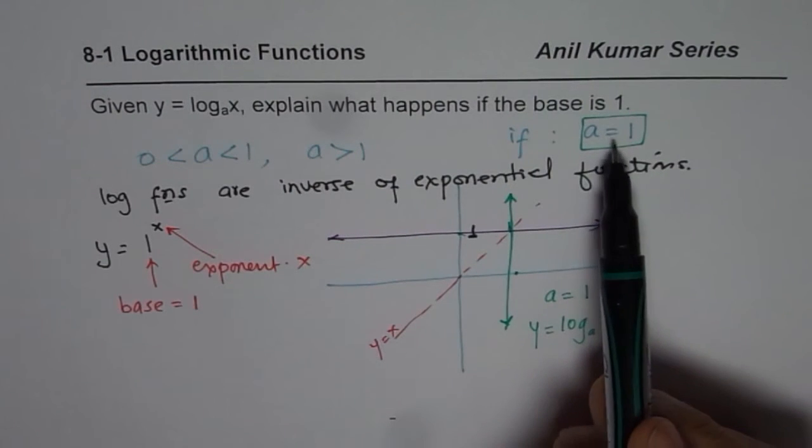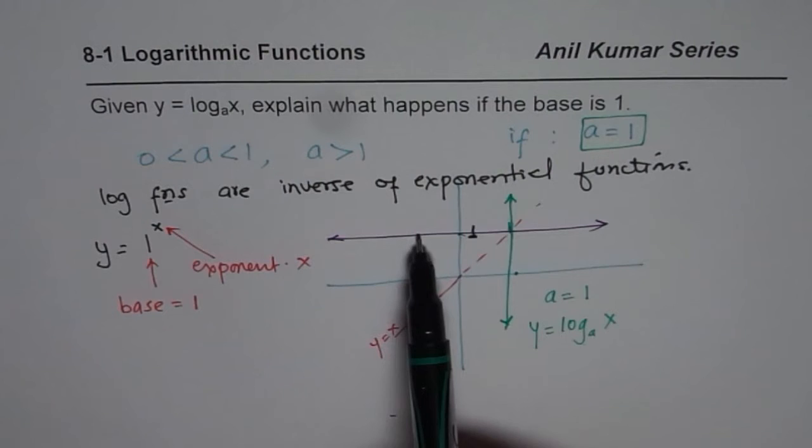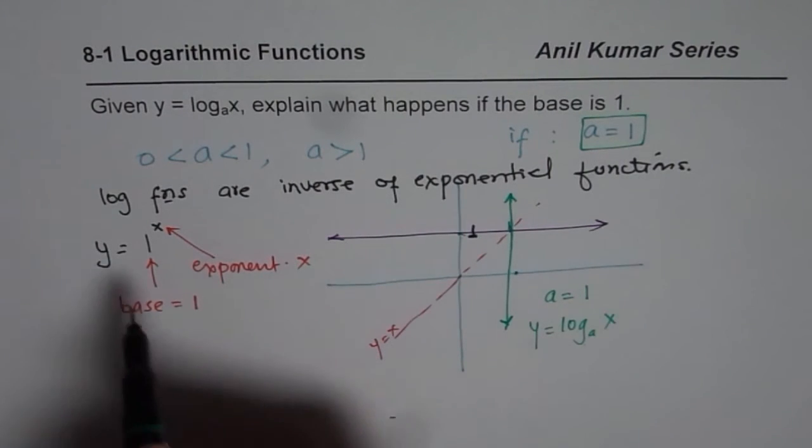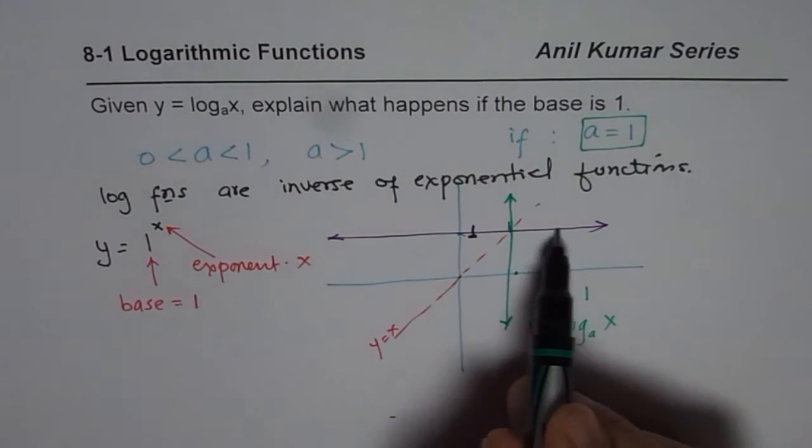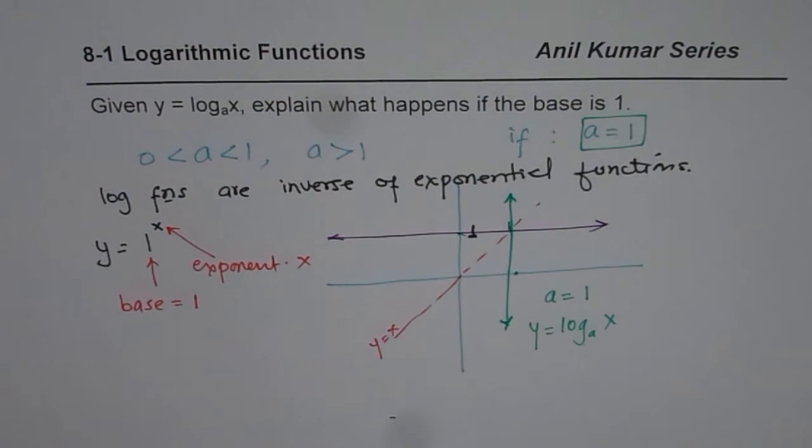Just as we had restricted this domain for the exponential function. Now you could always write y equals 1 to the power of x, no harm in it, but that is not an exponential function. It's a horizontal line. It never increases, correct? So that is the whole reason why in logarithmic functions we keep this restriction that a is not equal to 1.